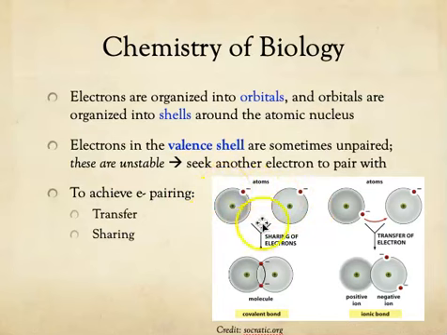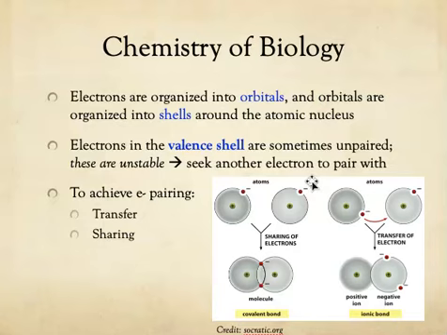But out in the valence shell around both of these atoms, we can see a single unpaired electron drawn in red. These two atoms are unstable right now because they have unpaired electrons in their outermost or valence shell.